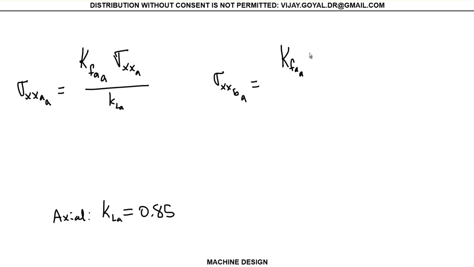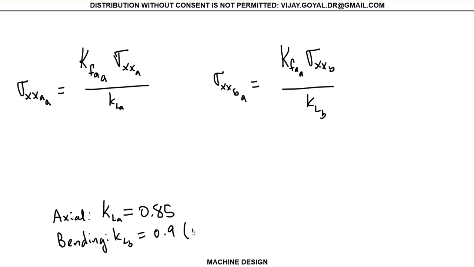And this gives you sigma xxb, and is divided by KLB. Now, what is your KLB? For bending, KLB is going to equal 0.9 if pure bending.